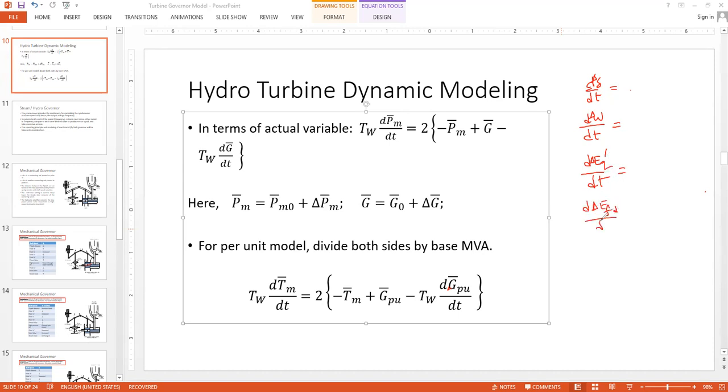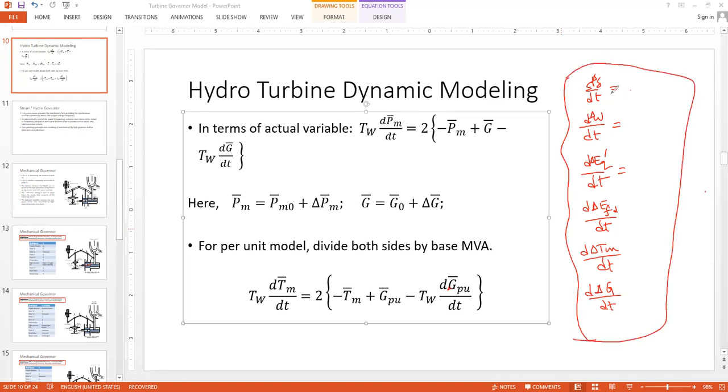D del efd by dt. That is the exciter dynamics. D del tm by dt. That is the mechanical torque coming from the hydro turbine, and the governor d del g by dt. So this is the complete model if we incorporate the exciter, the hydro turbine, and the hydro governor.